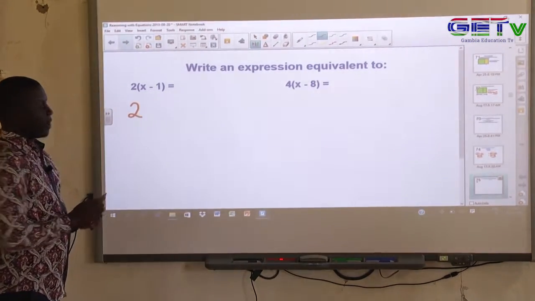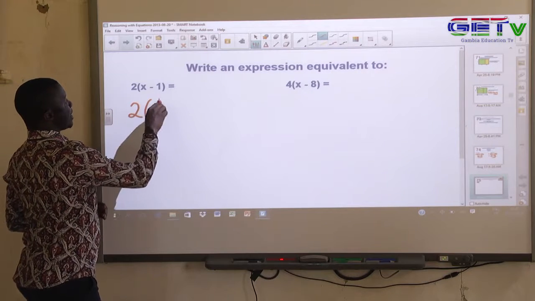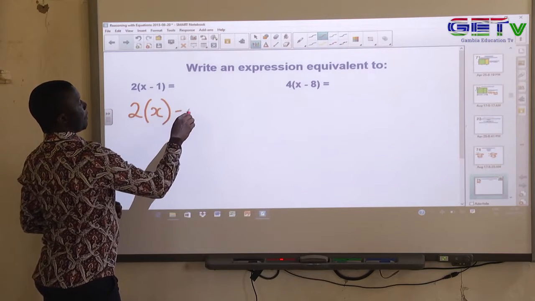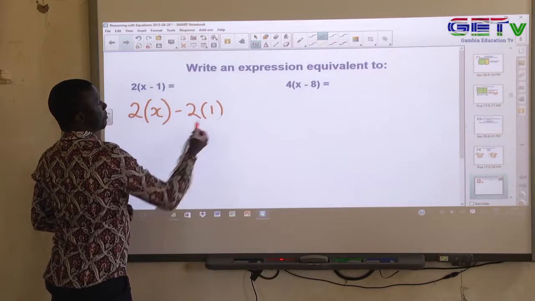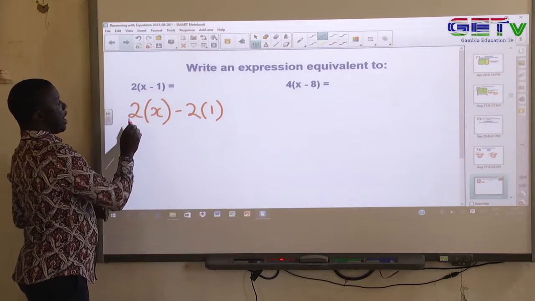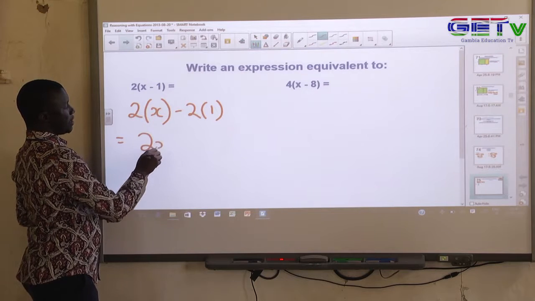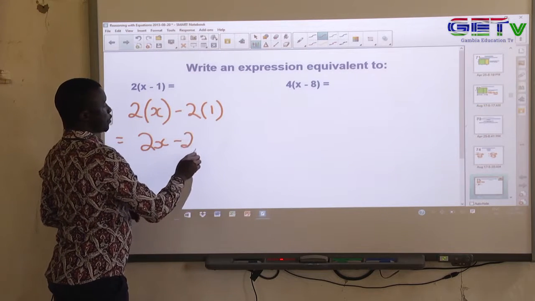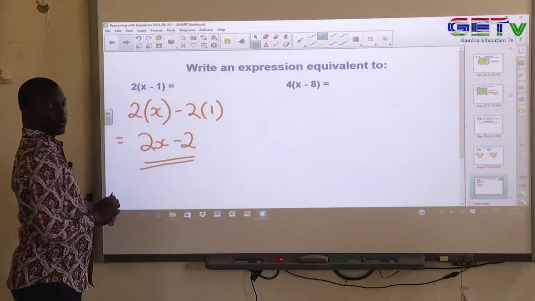Using the distributive property, we will multiply 2 by x minus 2 by 1. So we would have 2 times x is 2x, minus 2 times 1 is 2.